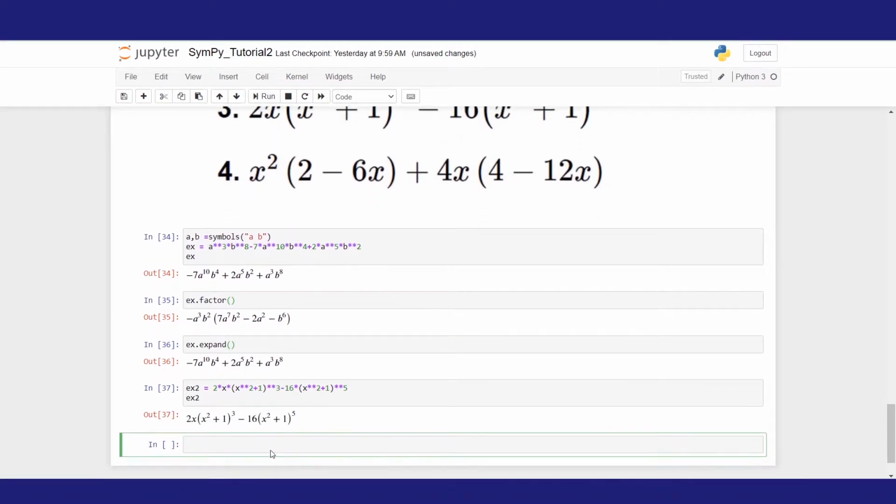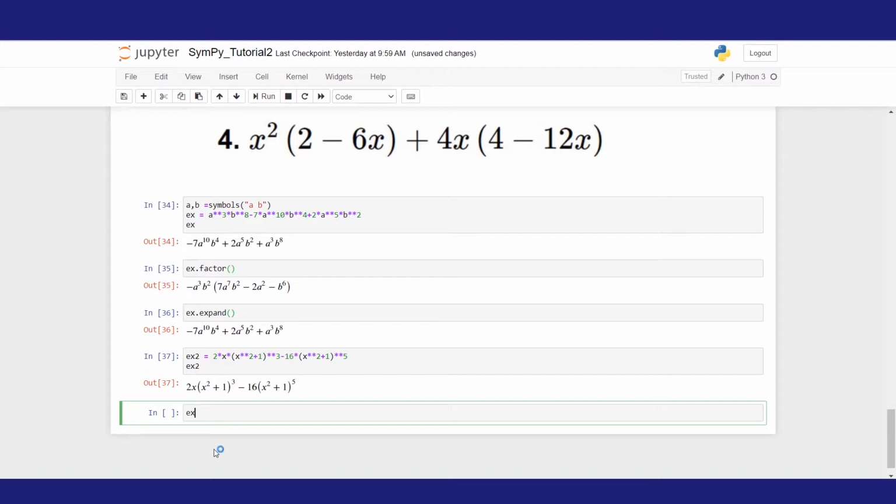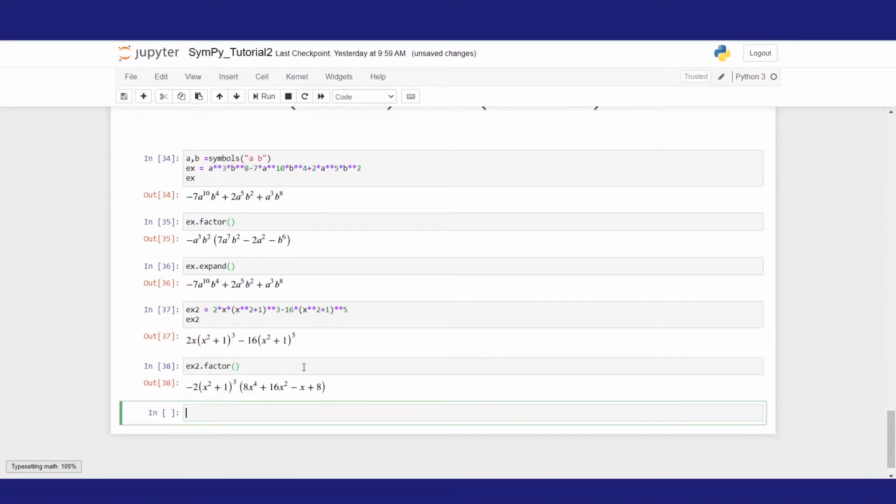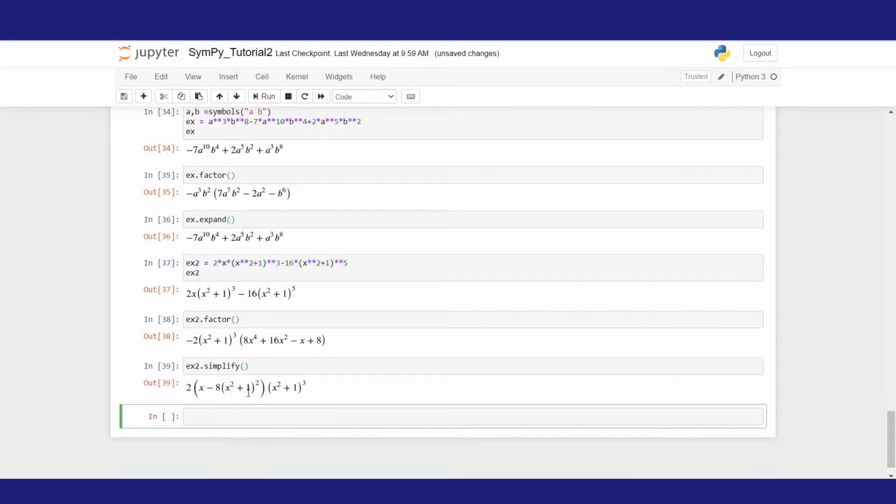All right, so now let's see how we can factor that out. ex2.factor. If I call that and print out, we can see this is the factor in its simplified way. And then let's just simplify that, again using the same functions. Simplify, I call that, this is what we have.